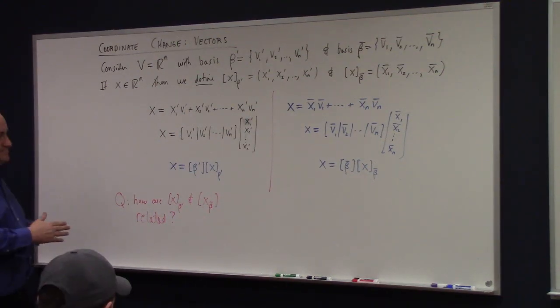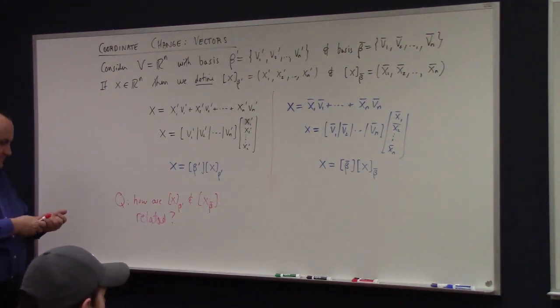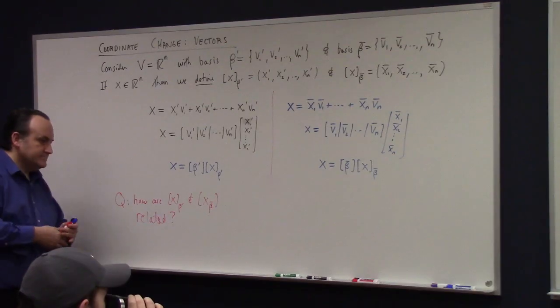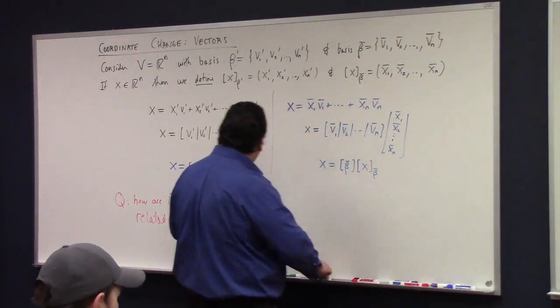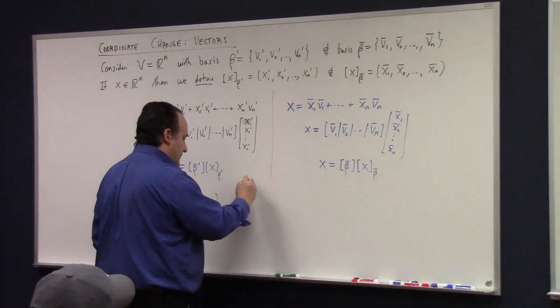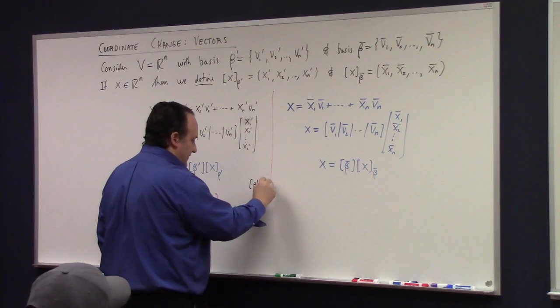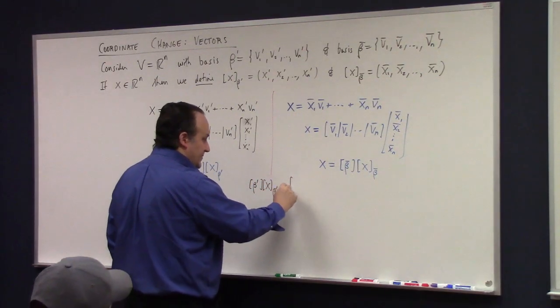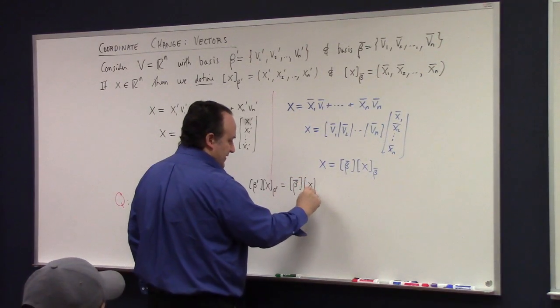How can we meet in the middle, so to speak? Why don't we just say x is equal to x, right? So we have this equation: the beta prime matrix times the coordinate vector of x with respect to beta prime is equal to the beta bar matrix times the coordinate vector of x with respect to beta bar.